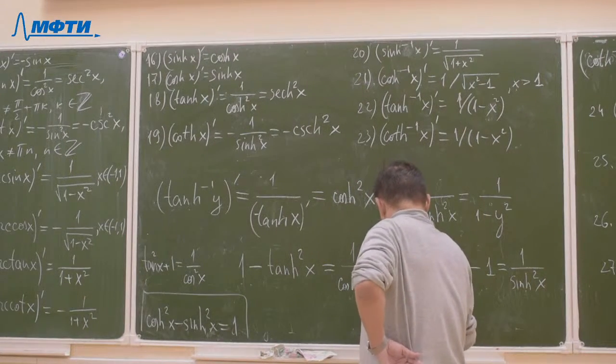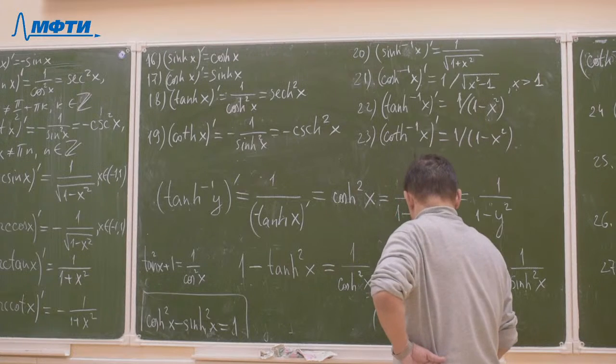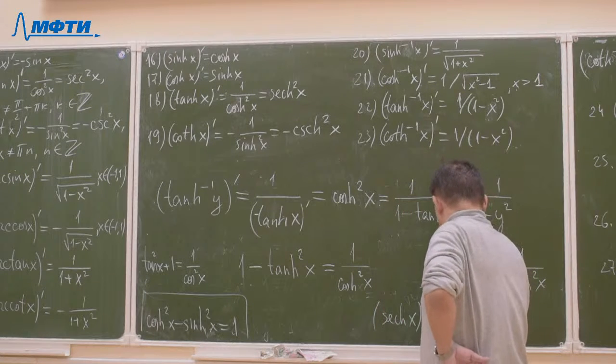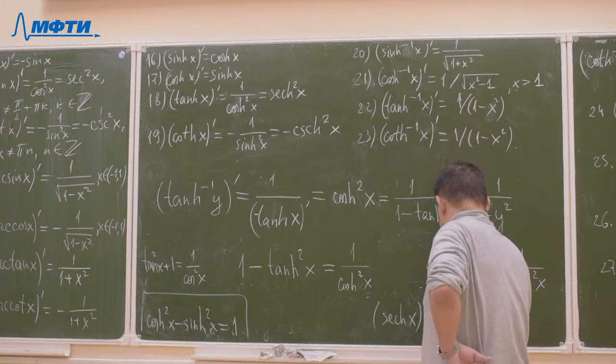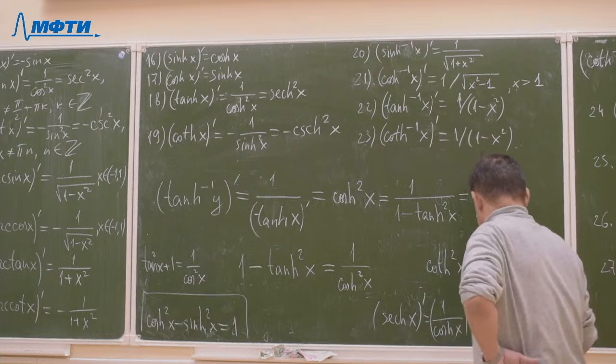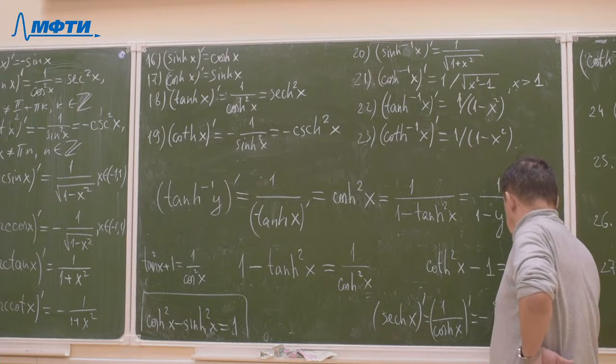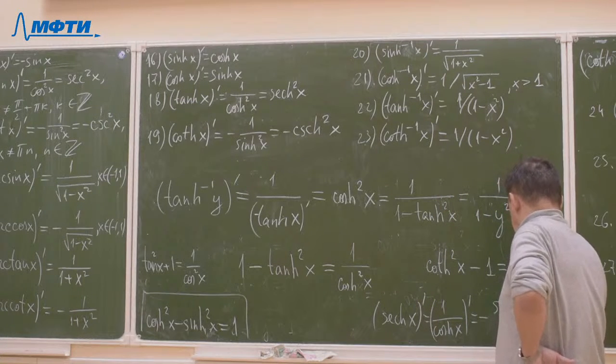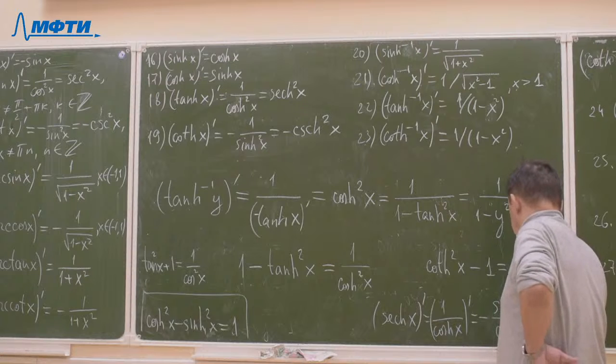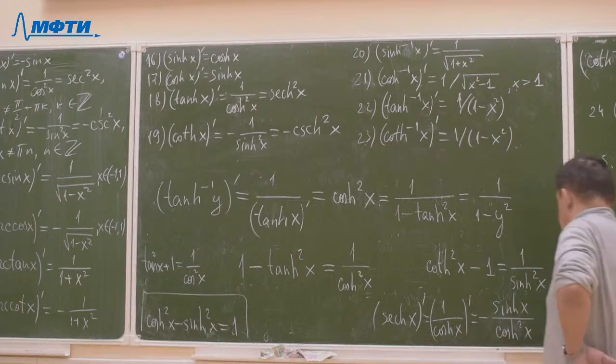Secant hyperbolic prime is 1 over cosine hyperbolic x prime, that is minus sine hyperbolic x over cosine hyperbolic squared x.